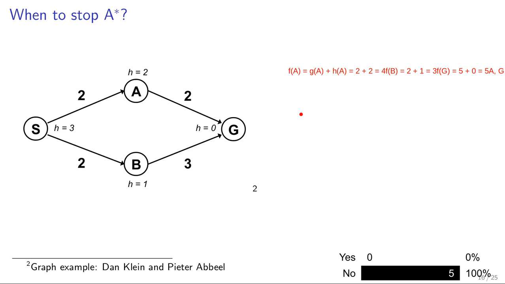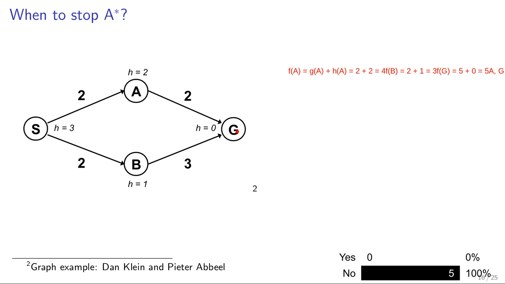Okay, so what I should do now is take this, expand the A, and I get to G as well, and that's gonna give me a 4 plus 0, which is a 4, and that's better. And then I can expand that one, which is 4, compared to 5.